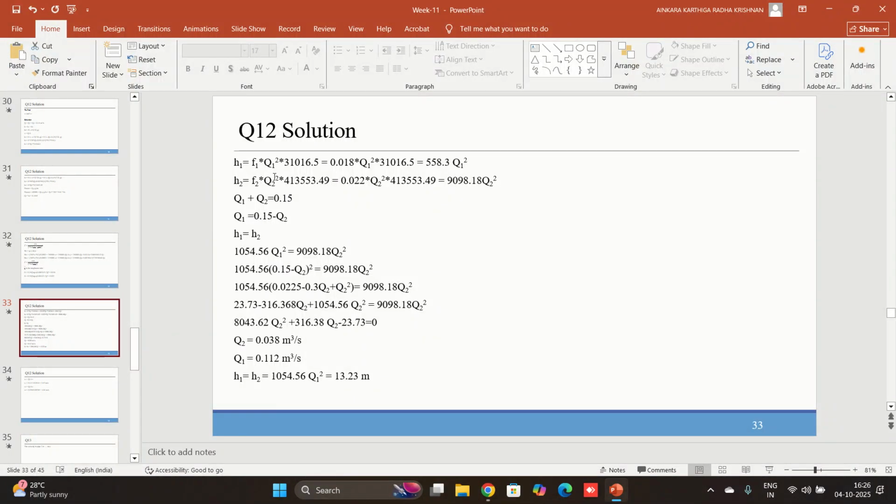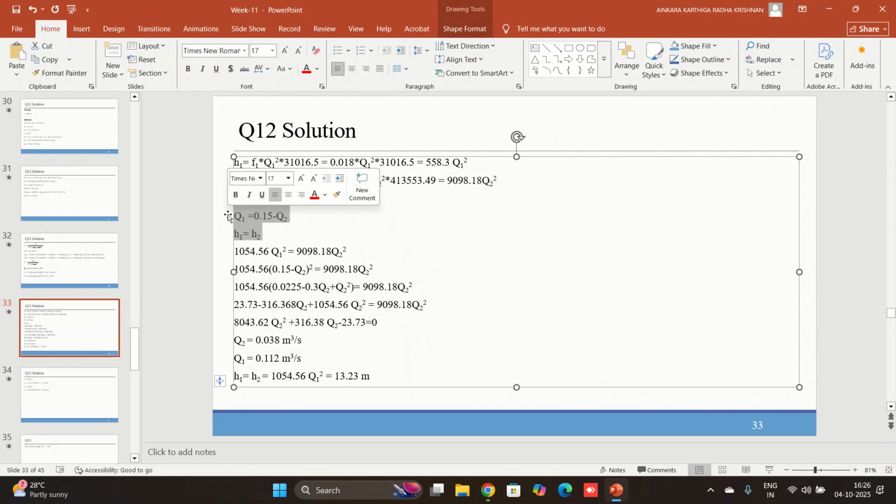H1 and H2 we have calculated, and Q1 plus Q2 is equal to 0.15, Q1 is equal to 0.15 minus Q2, and H1 is equal to H2. These two are the basic relations that we were using. H1 is equal to H2 means 558.3 Q1 square is equal to 9098.18 Q2 square. So like this we got after substituting here.